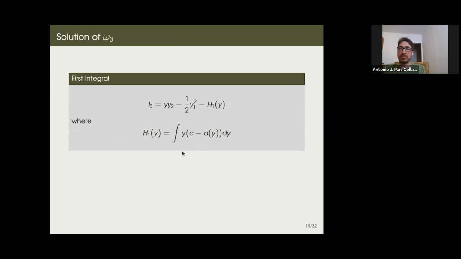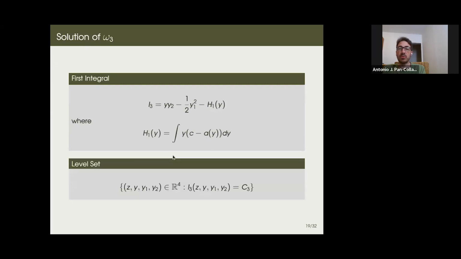We solve omega 3 and we obtain this solution I3, which is a first integral of our ODE, and observe that the explicit expression of the function H1 will depend on the choice of A. So it is here indicated. And then we focus on the level set by taking a particular value C3, I3 equals C3.